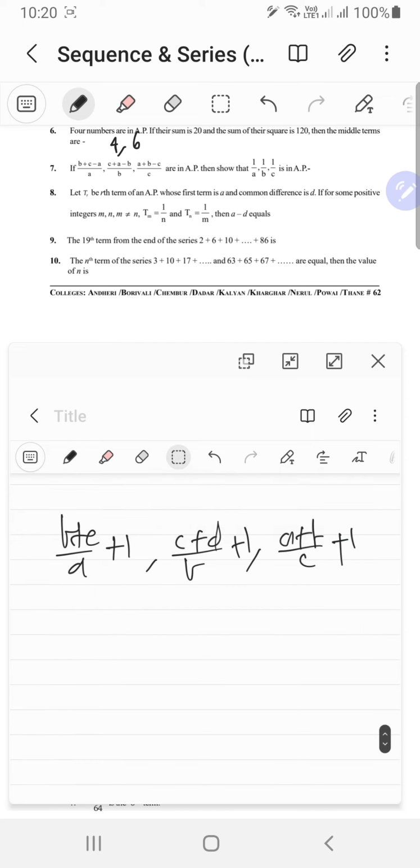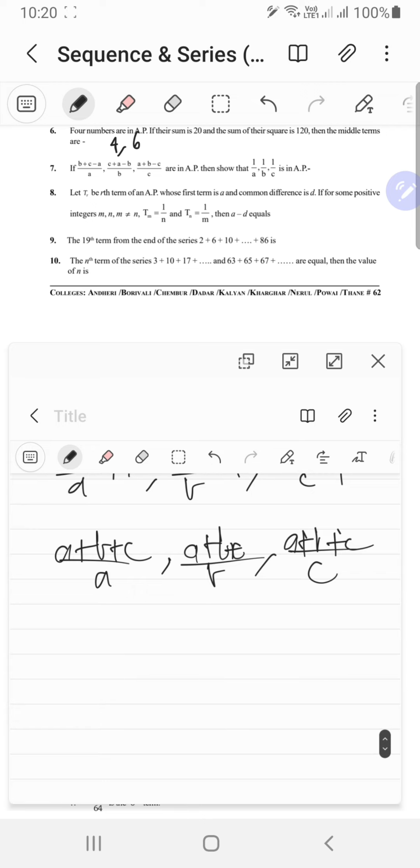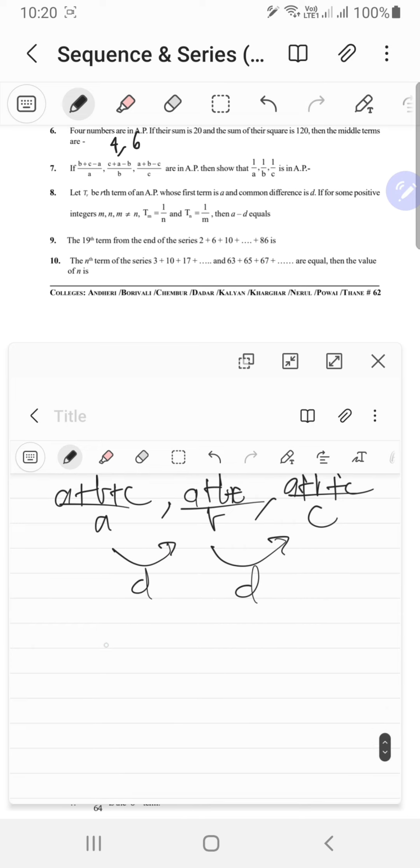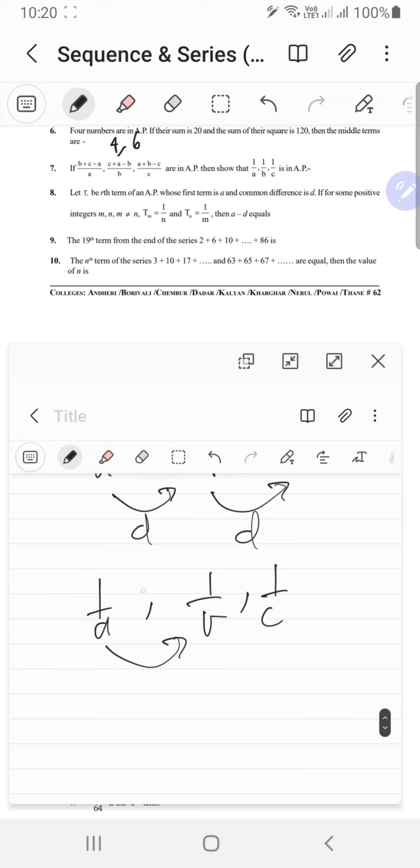And now if we write it like that, it will just be a plus b plus c upon a, a plus b plus c upon b, a plus b plus c upon c. Now these three terms are in AP, but what that means is this difference, let's say it's d, then for these terms 1 upon a, 1 upon b, 1 upon c, the difference will just be d upon a plus b plus c, right?